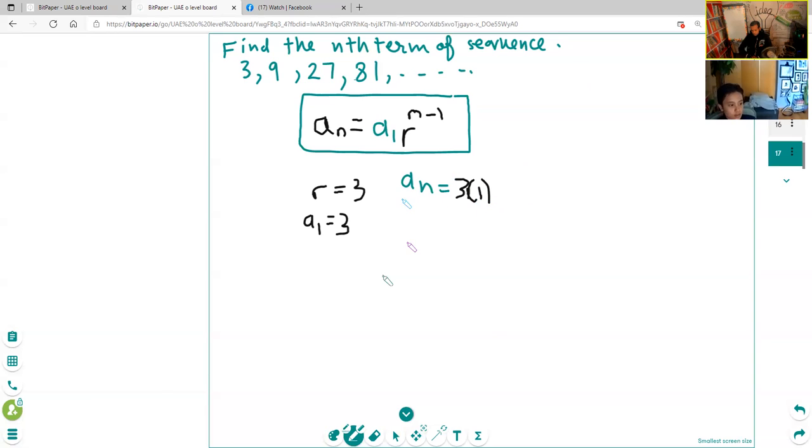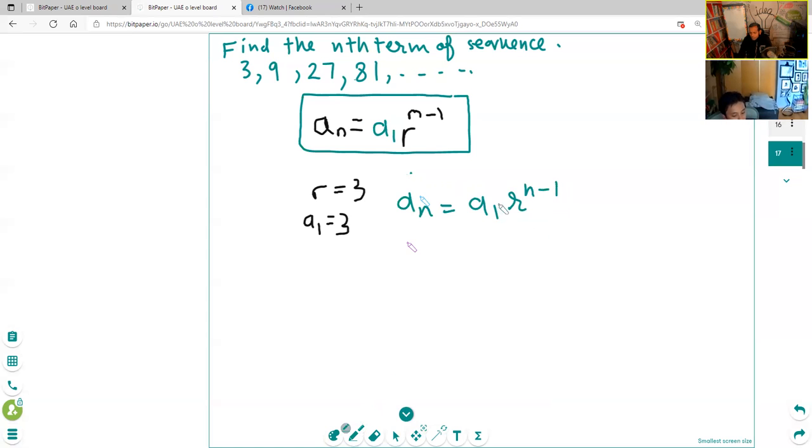No, wrong. Understand. Wait, I will write the formula again and then you replace the values. A1 times R to the n minus 1.